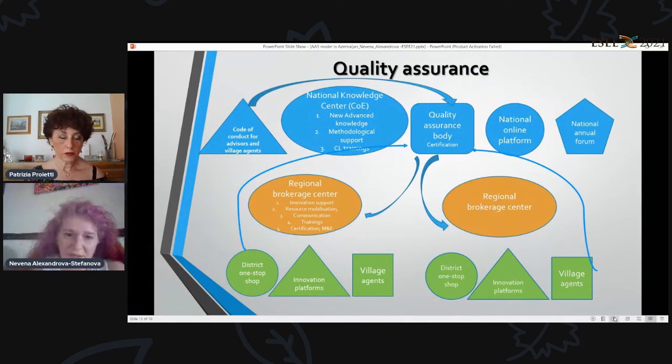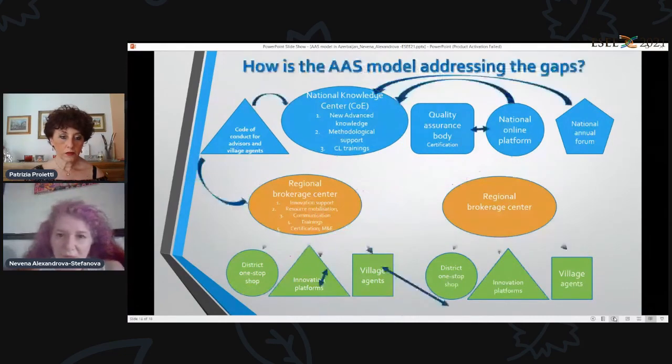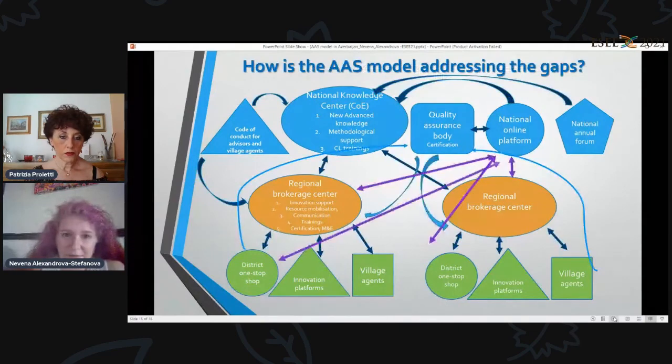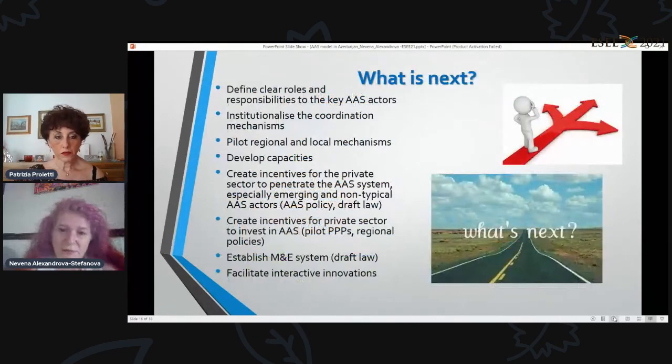Quality assurance, knowledge dissemination, and you see plenty of interactions, putting agencies, institutions, and actors into a collaborative effort and trying to co-create innovation. That is also very important. So what is next?